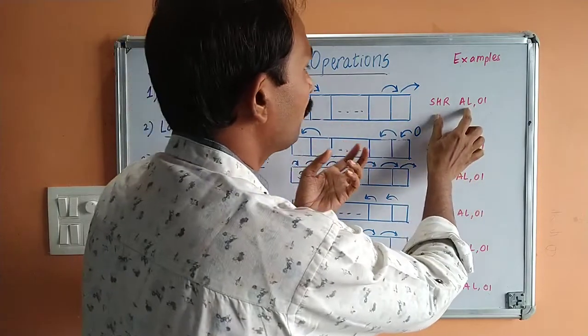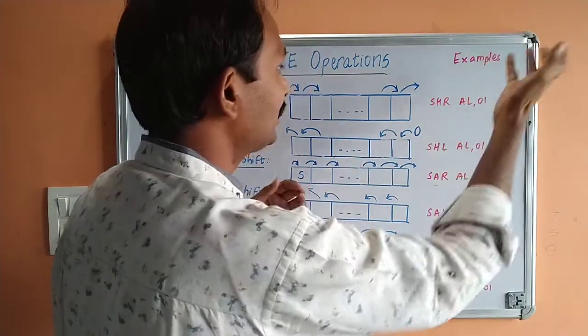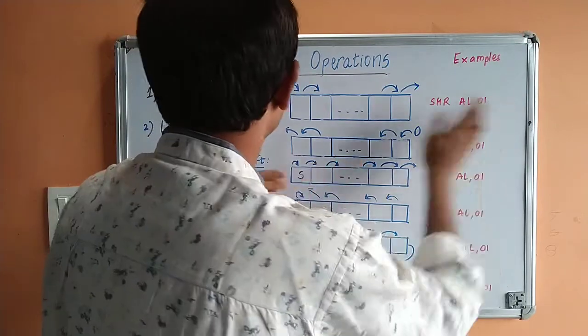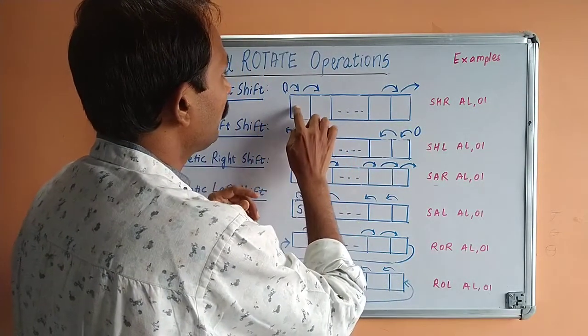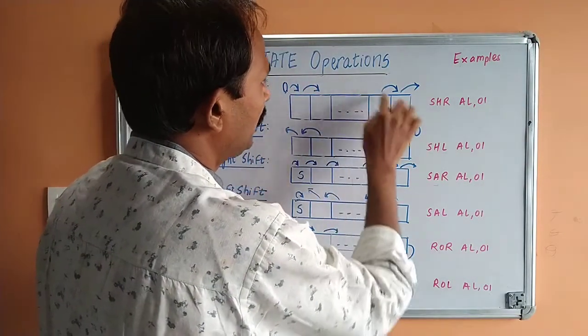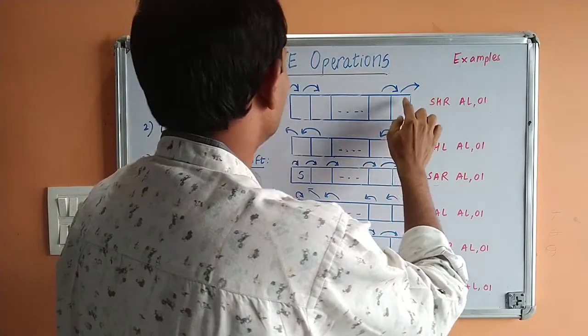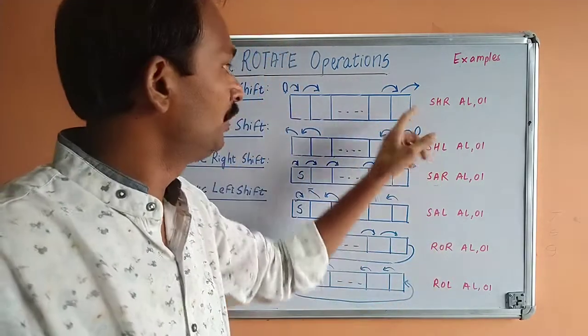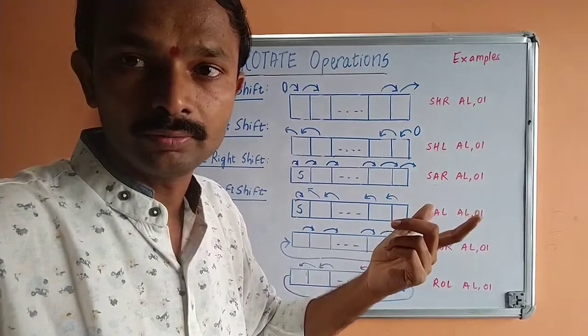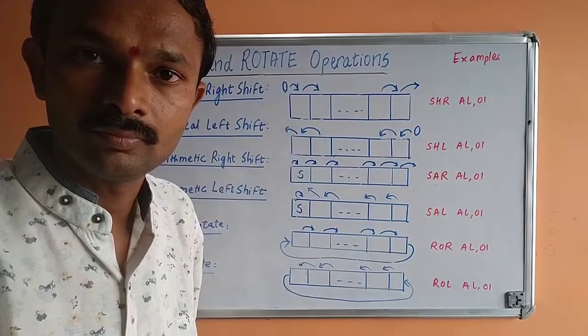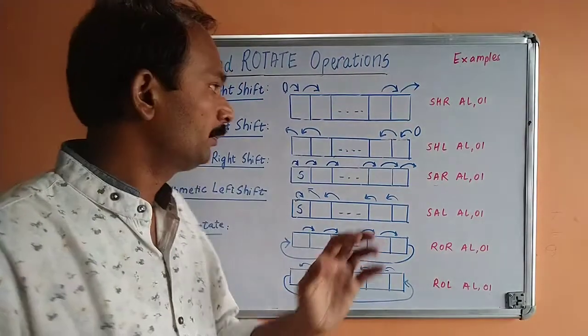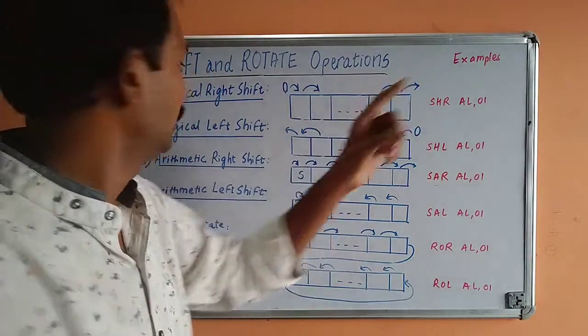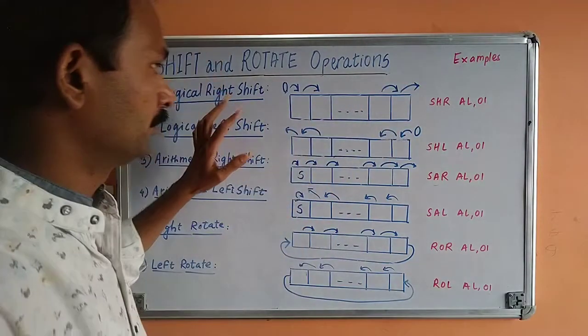We want to shift that value to the right by 1 bit. These bits will be shifted by 1 bit to the right, and the last bit which is shifted will go out. The bit shifted out is lost in the case of shifting.